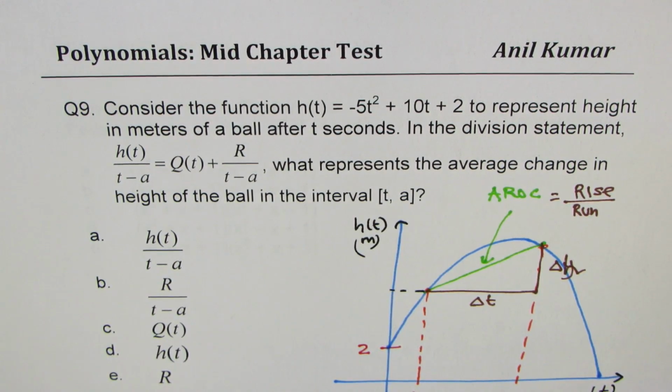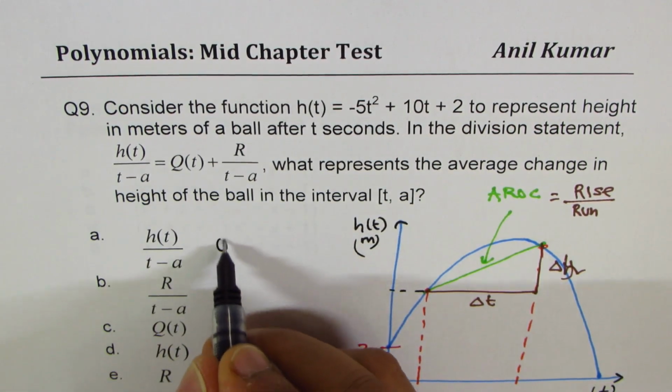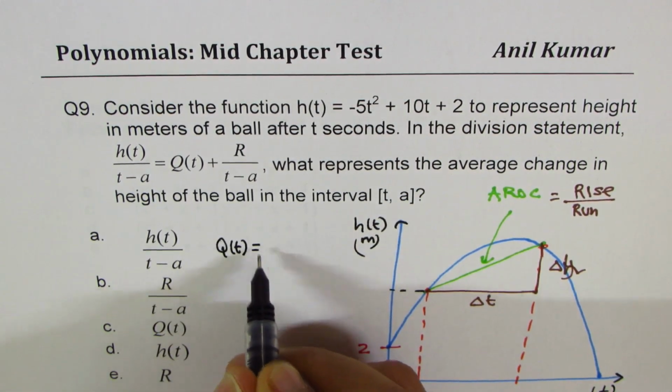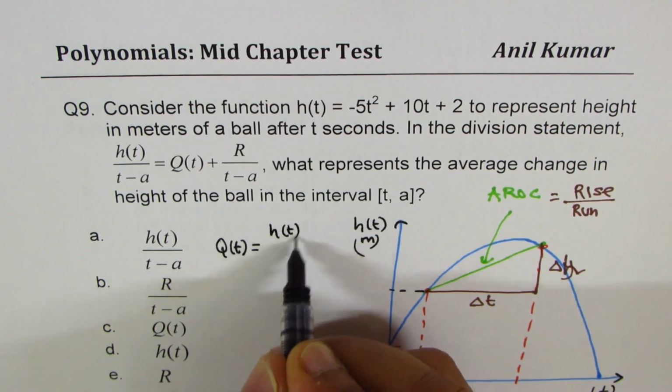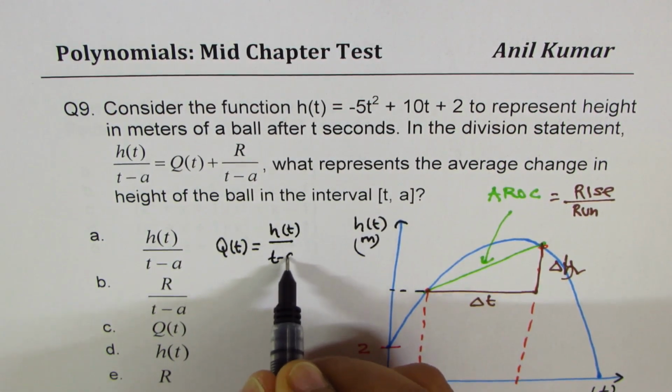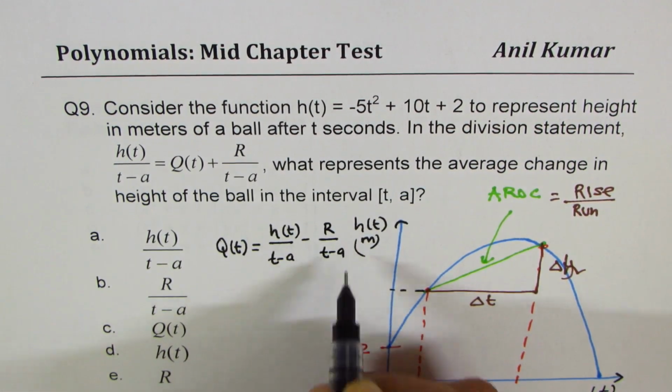That is r, the value of the polynomial. So if you rearrange this equation, you can write q(t) as equal to, taking this to the right side, h(t) over t - a minus r over t - a. Do you see that?